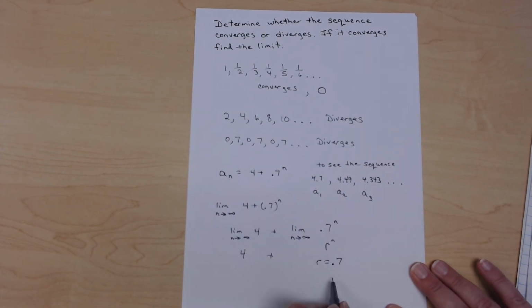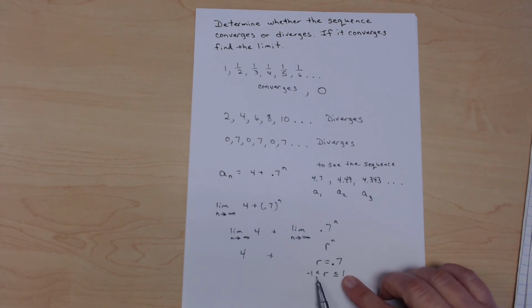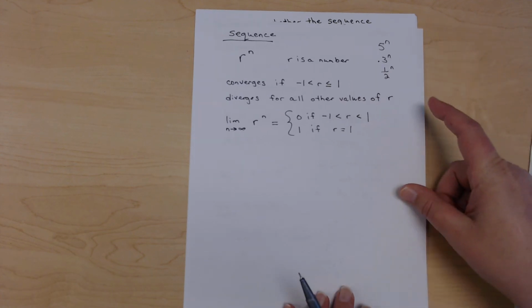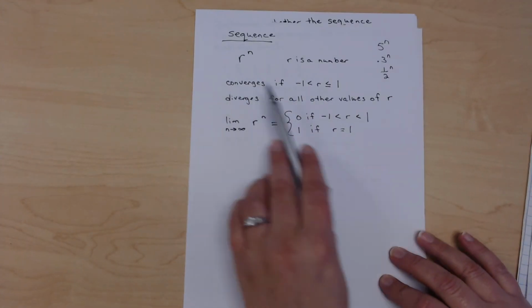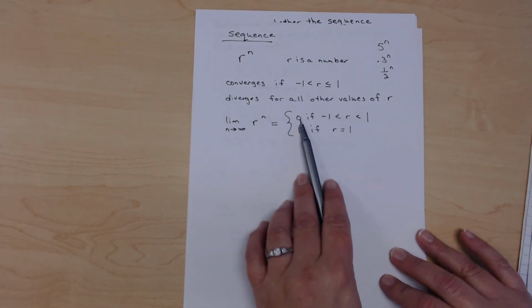Okay. If r falls between -1 and 1, it can equal 1, but it cannot equal -1. Just be aware of that. If it falls between -1 and 1, it converges, and the limit is 0.